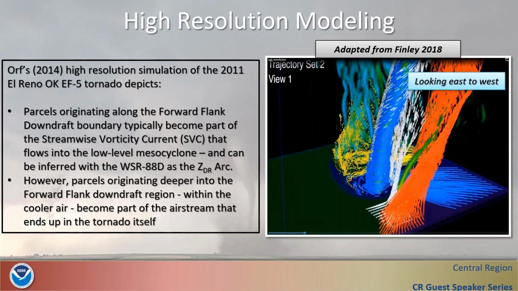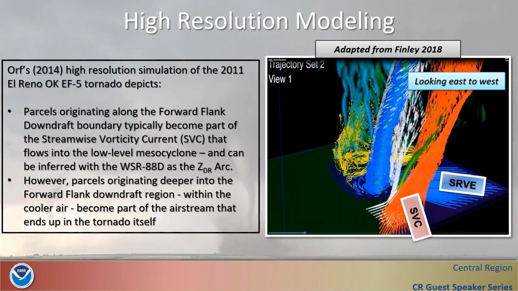Picking up on that idea a little bit further, Finley et al. These are some graphics from some work that they presented to the Central Region TWIP and some others along the way, but they've identified these same features. Now, these notations that I have included here are my own.